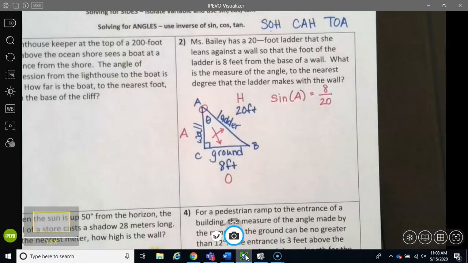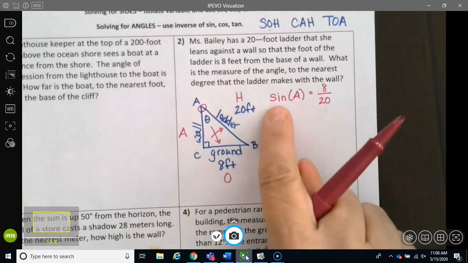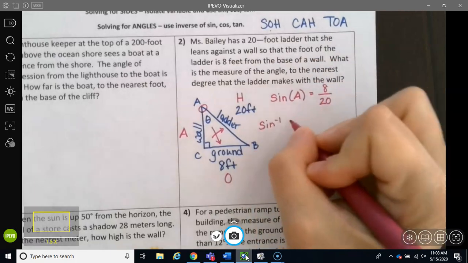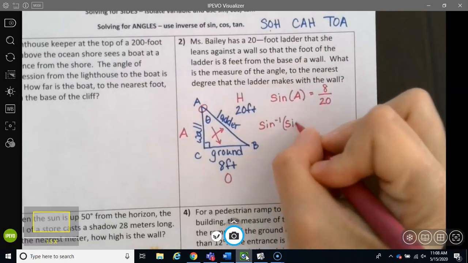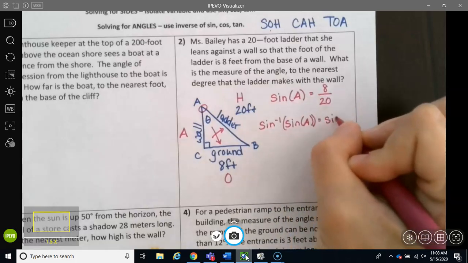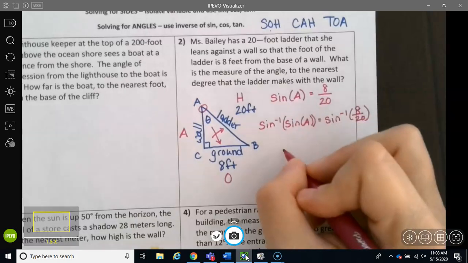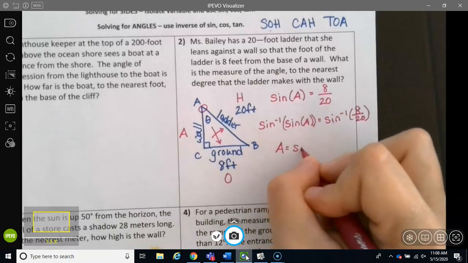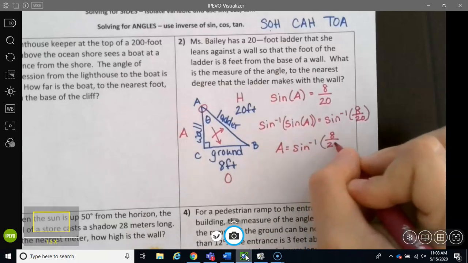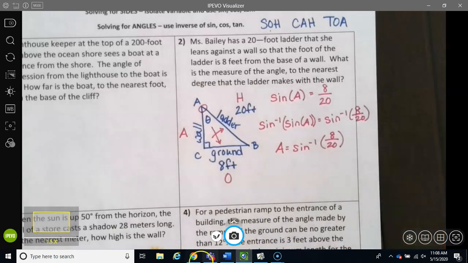Just remember, when you're finding an angle, you still have to get that angle by itself. We have to get A by itself, so that means we have to get rid of the sine. The way we get rid of sine is to do the sine inverse. So we take sine inverse of both sides. That leaves us A is equal to the sine inverse of 8 over 20. And then that's what we type into our calculator.